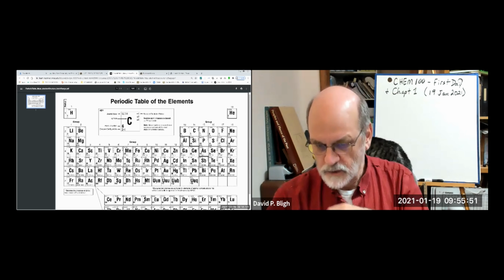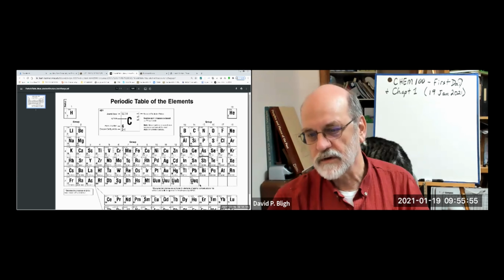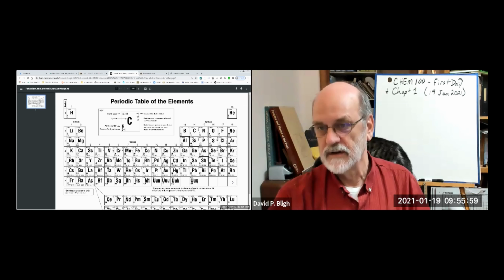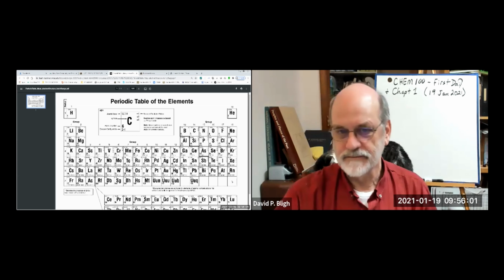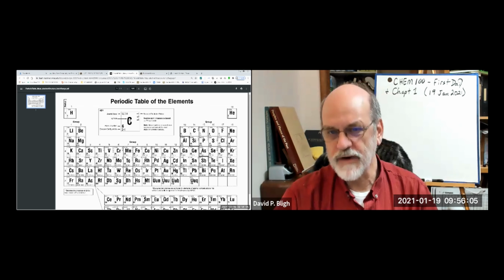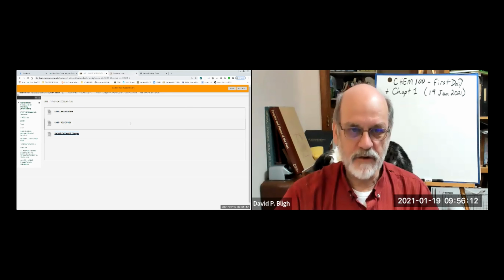But now we've got names for everything, all the way up to 118 elements. They've all got names now. But this is an old periodic table. But it should work fine for learning the symbols. I'll talk about that in a few minutes.